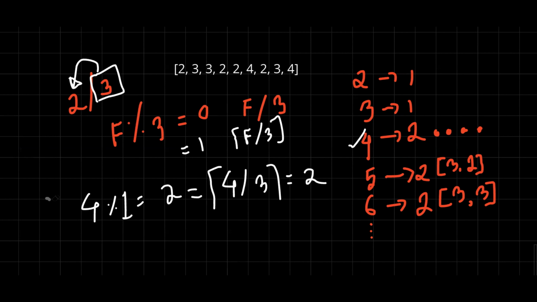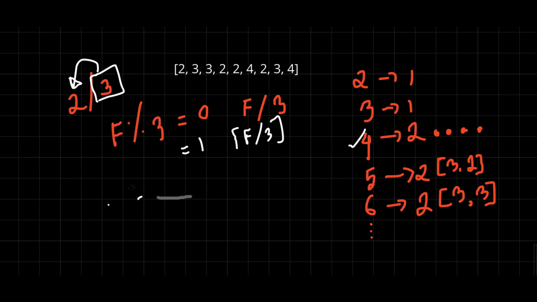Now, it can be possible that the remainder of frequency and 3 will be 2. And in those cases, it is also the frequency divided by 3 and after that the scaling operation. Suppose for this element 5, here 5 modulus 3 will be 2.